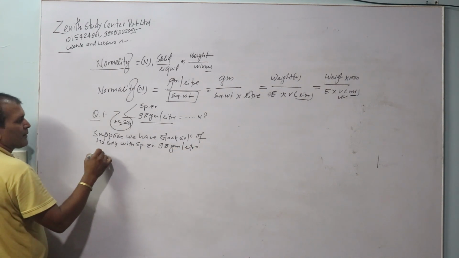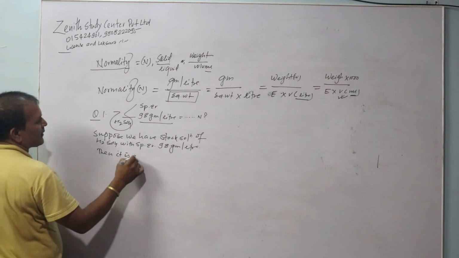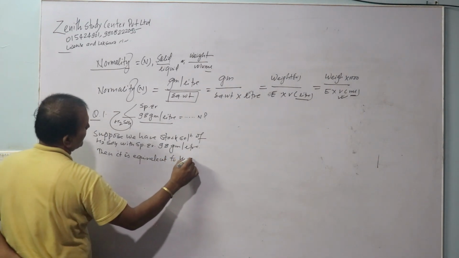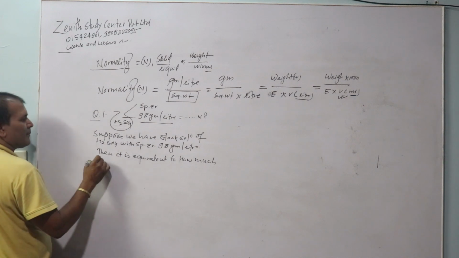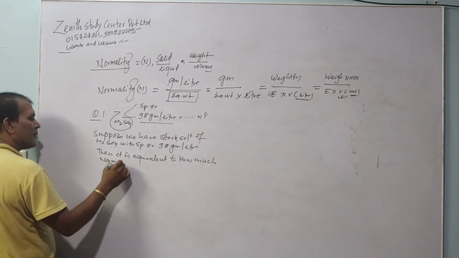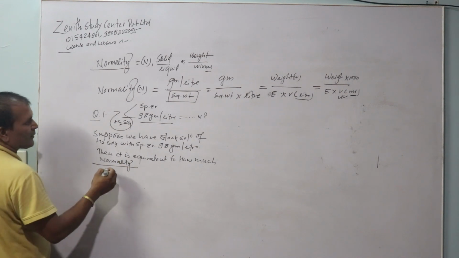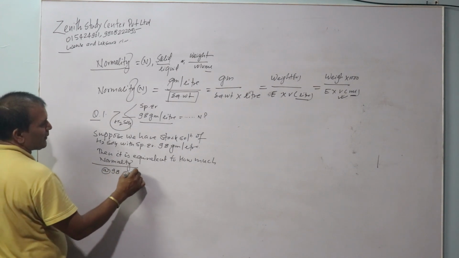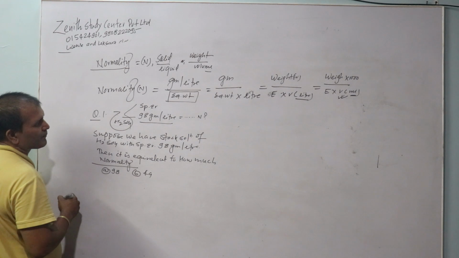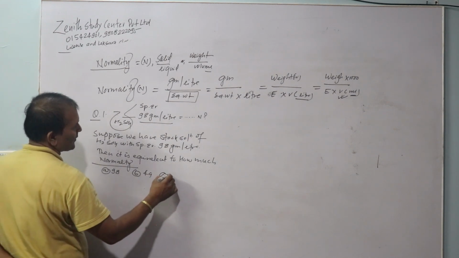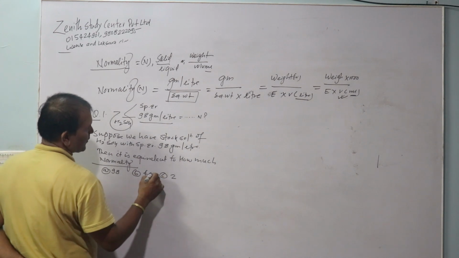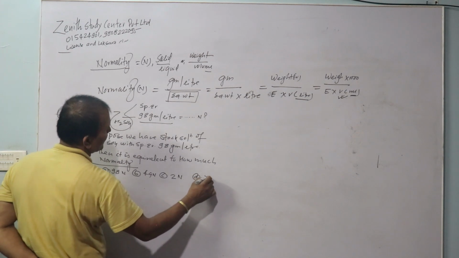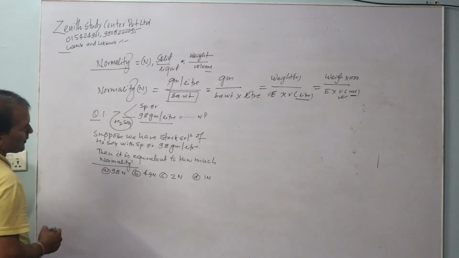Then it is equivalent to how much normality? This is your question. You have 4 options: A, 98 normal; B, 49 normal; C, 2 normal; D, 1 normal. So what is the real answer?